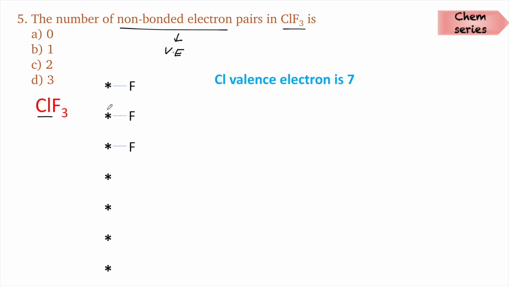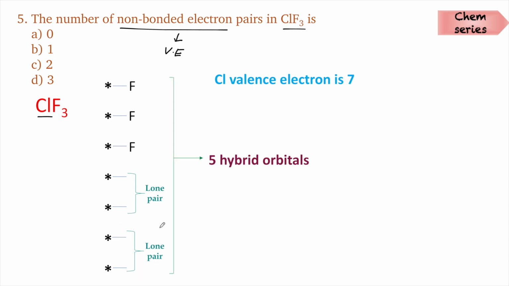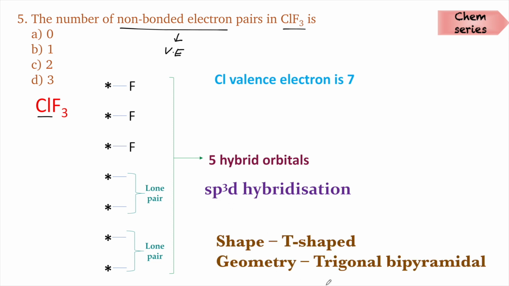It has 3 fluorine atoms, so it takes up 3 valence electrons of chlorine to form single bonds with the fluorine atoms. So there are two lone pairs. So totally there are 5 hybrid orbitals, that is sp3d hybridization. The geometry is trigonal bipyramidal and the shape is T-shaped.